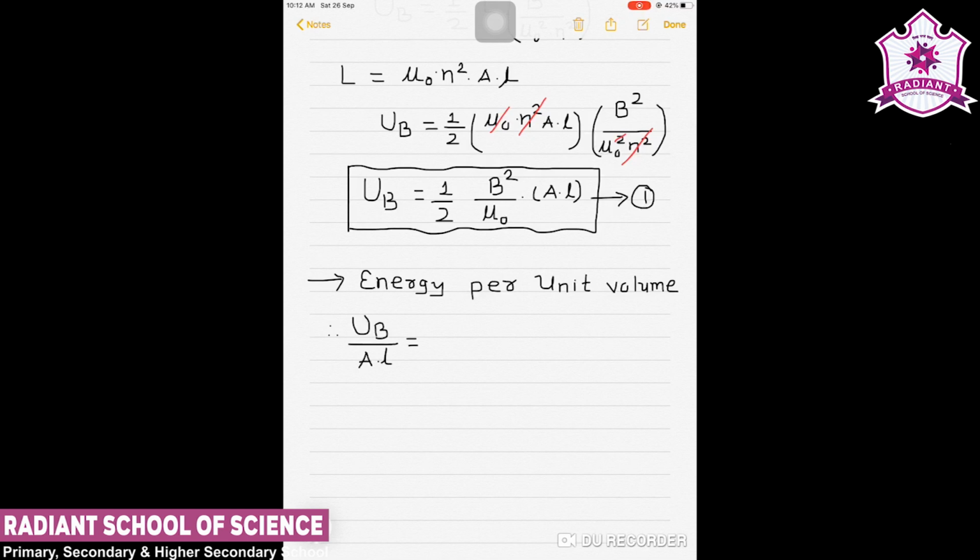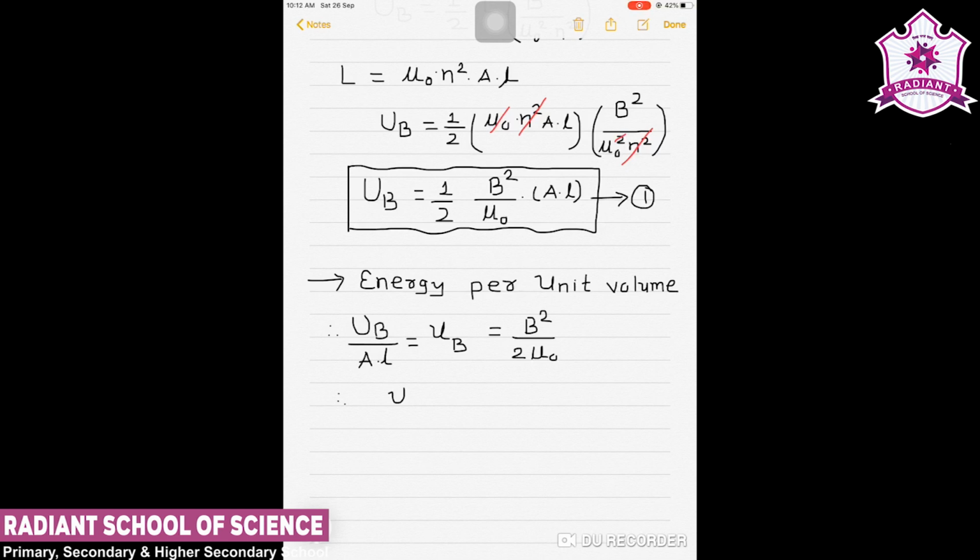Area into length is called volume. That is written in terms of small ub, and this comes to be B square over 2 mu 0.